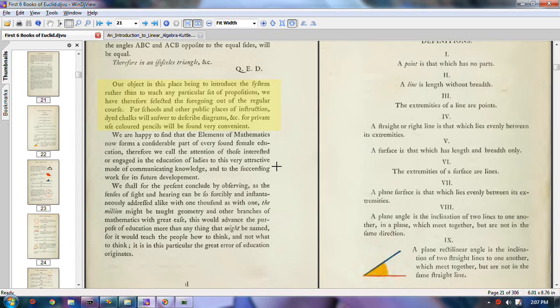Because it appears to me as though some pieces are missing. According to this sentence, I think, if I'm reading it correctly, the foregoing has been selected out of the regular course.